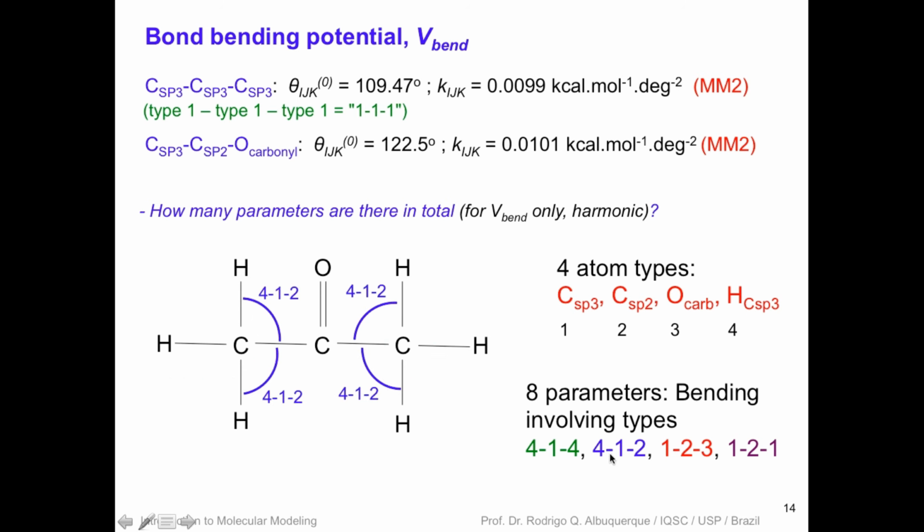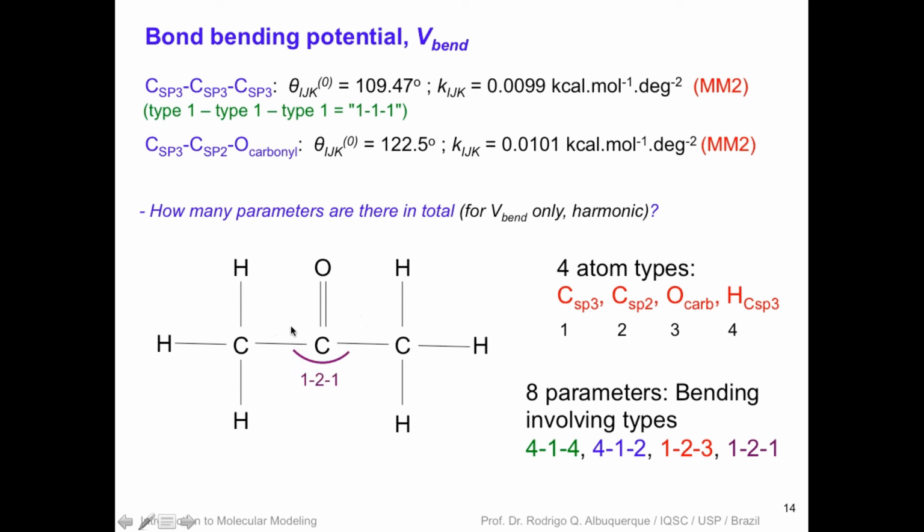Now you may have also bond bending involving types 4, 1, and 2, which is shown here. Hydrogen, sp3 carbon, sp2 carbon. These angles shown here. All the 4 angles will share the same 2 parameters, same force constant and the same reference bond angle. Then you may have bending involving types 1, 2, 3, which is shown here.